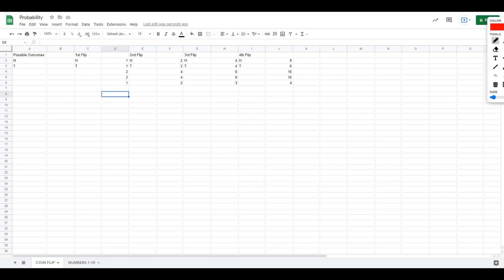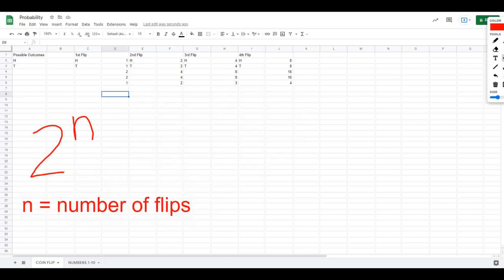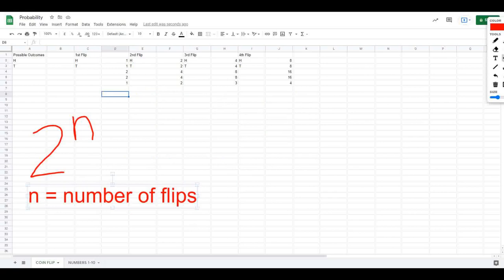So for a coin flip, there are 2 to the power of n outcomes for a number of coin flips, where n is equal to the number of flips. So if n equals the number of flips, that will show you how many outcomes there are.